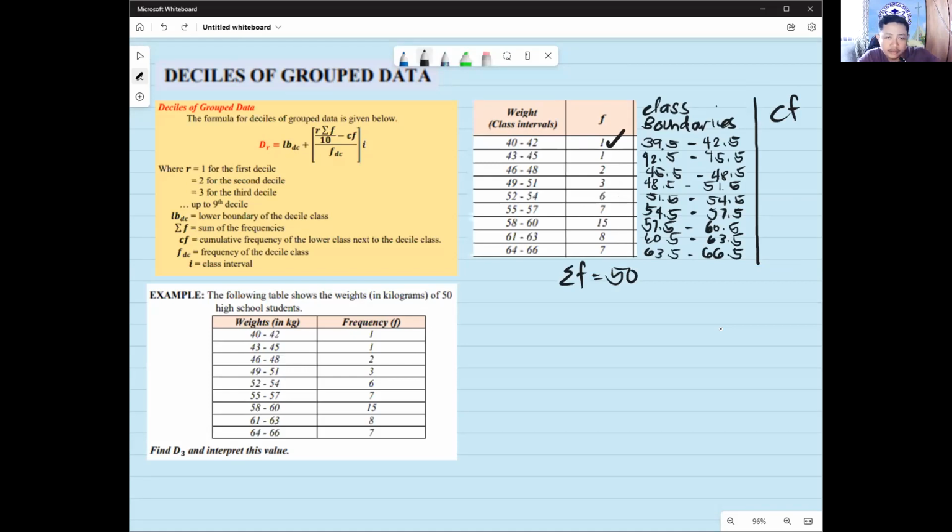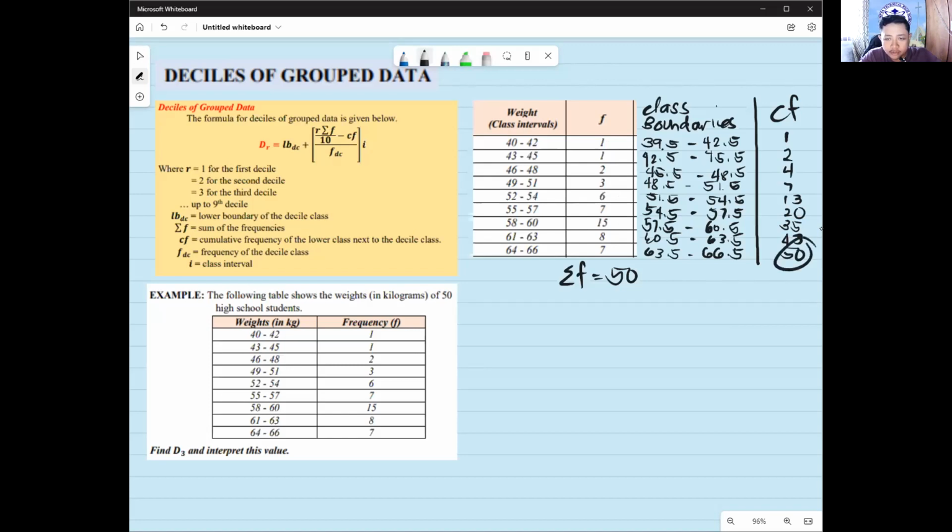That's the cumulative frequency. Okay, so we will have here 1, 2, 4, 7, 13, 20, followed by 35, then 43, and then 50.